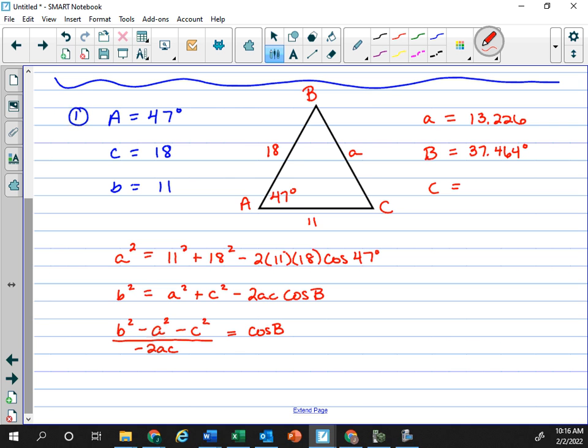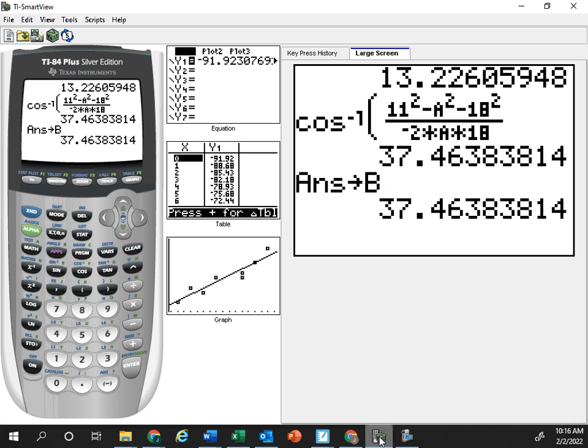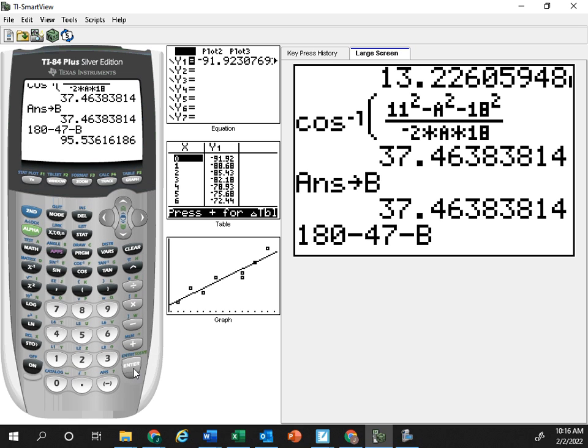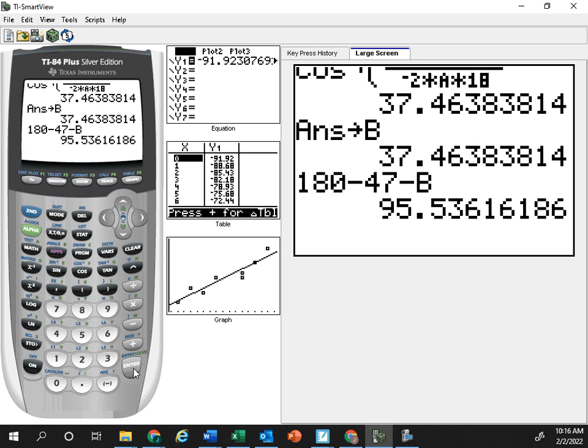Add angle A and B, and then you subtract that value from 180. Yep. So I'm just going to write 180 minus the 47 minus that B that I stored. So I'll put back here 180 minus 47 minus B. All right, are you getting your 95.536?